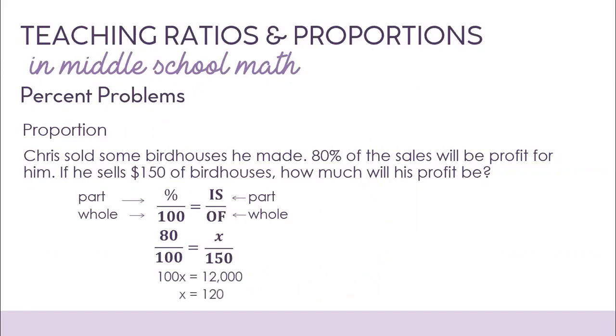Another way I show students, and you probably do this too, is to use the equation percent times the whole equals the part. And then we can substitute what we have into that equation. So in this case, we would change our percent to 0.8, and multiply by 150 to get our part, which is what his profit will be, and that is $120.